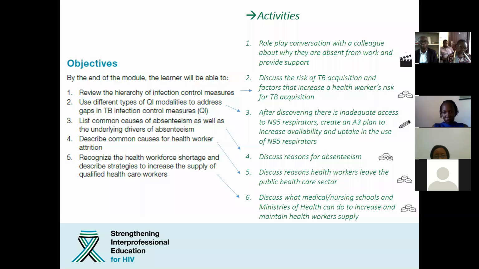And again, the module provides some narrative to describe why this is a relevant topic. And beyond getting TB and having to be off sick from work, this is really about trying to get the learners to think about all the challenges that are put on healthcare professionals as they go out into the workplace. The things that make being a healthcare professional challenging.